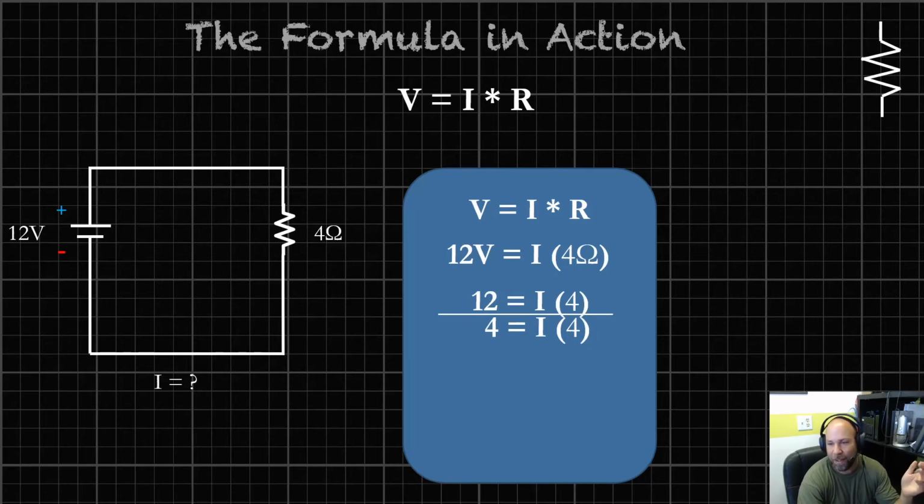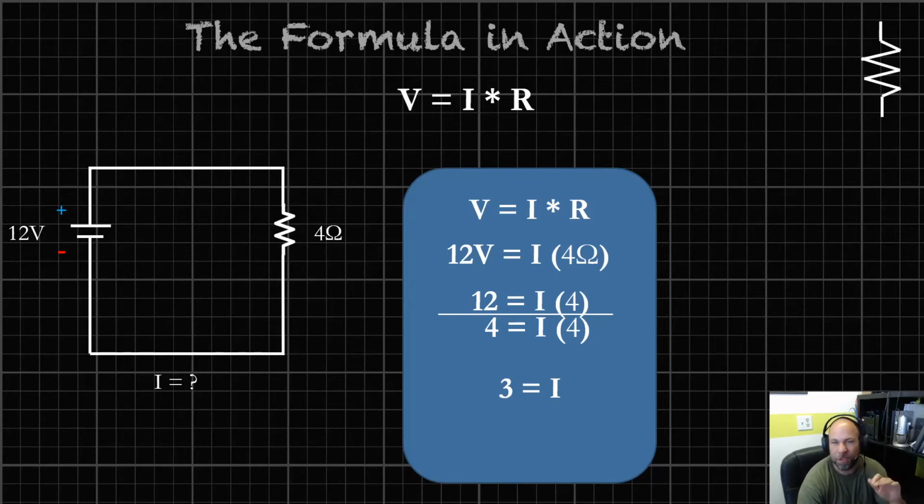So 12 equals I times 4, and then we just balance the equation. We cut 4 from the right-hand side, and we divide 12 by 4. And you can see that we have 3 amps, because that's how we measure current, of current flow through this circuit.